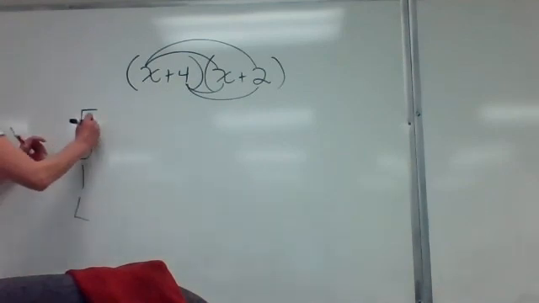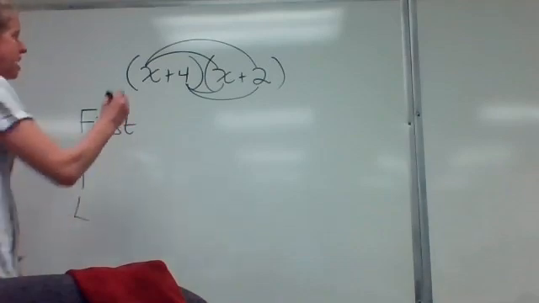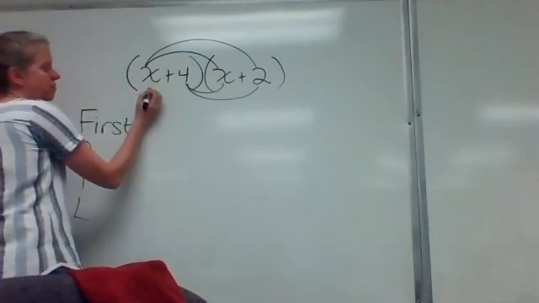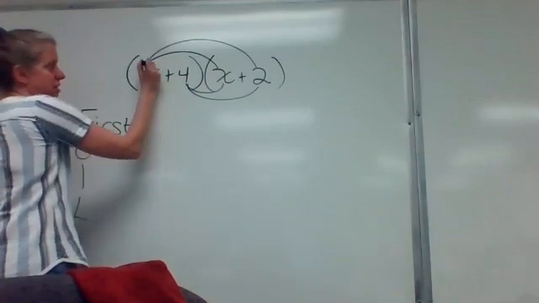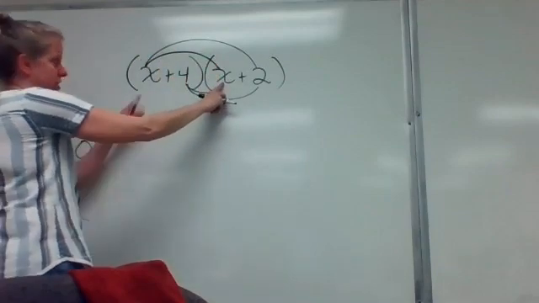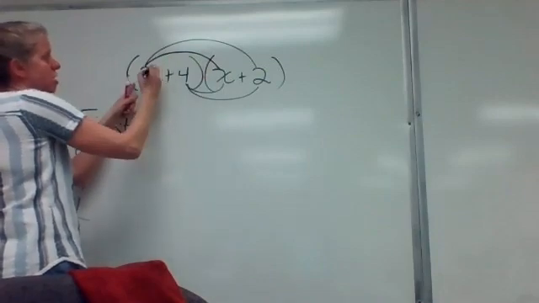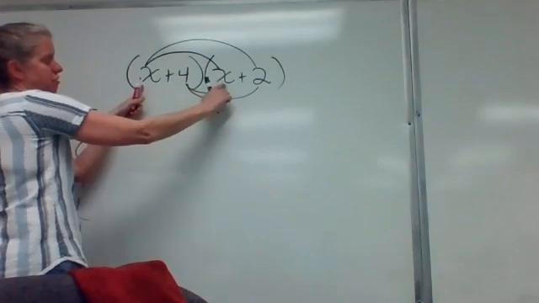Okay, the F is going to stand for first, which means the first step you're going to take is to multiply the first term in the first parenthesis and the first term in the second parenthesis. So in other words, it's just this distribution. So first means first and first and first and second.